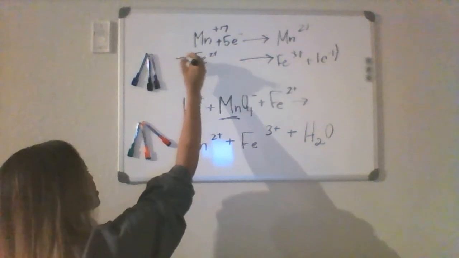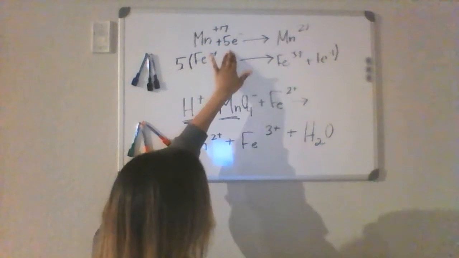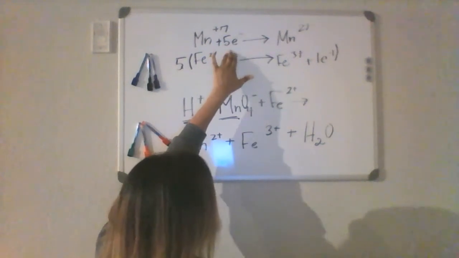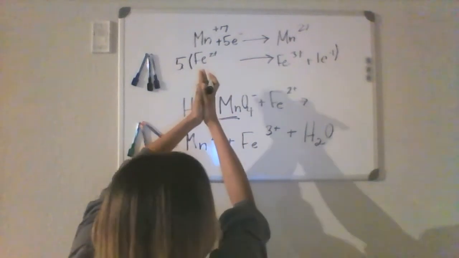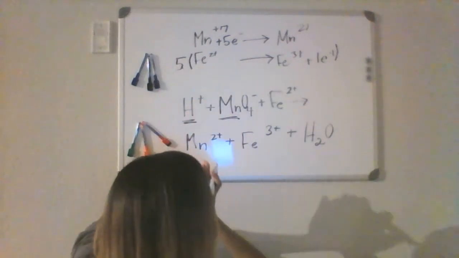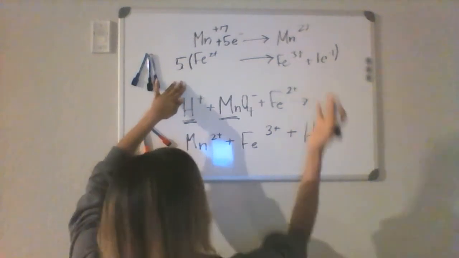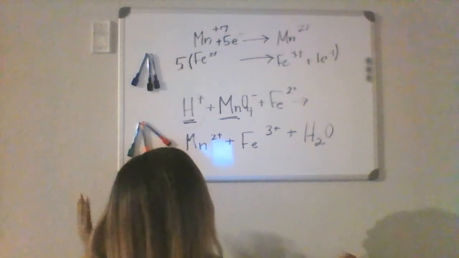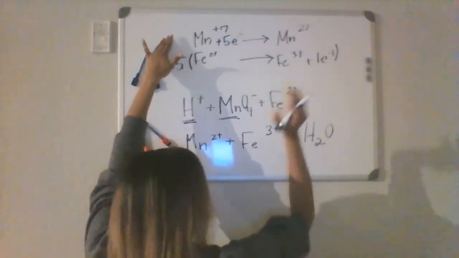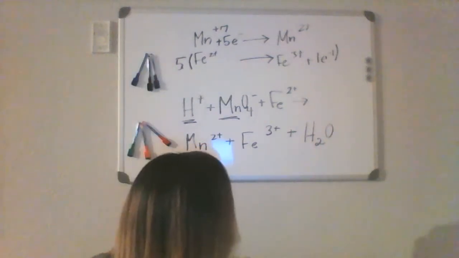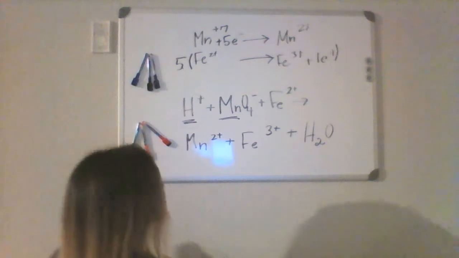In this case, we're going to multiply by 5 because if I have 5 electrons on the right-hand side over here, because eventually I'm going to put these two half reactions together to make a full reaction, I need to have 5 electrons over here because matter can neither be created nor destroyed. Whatever you have on the reactant side, you have to have on the product side, okay? So you can't have unbalanced matter or mass or whatever you want to call it.